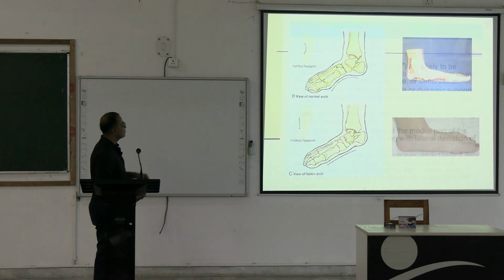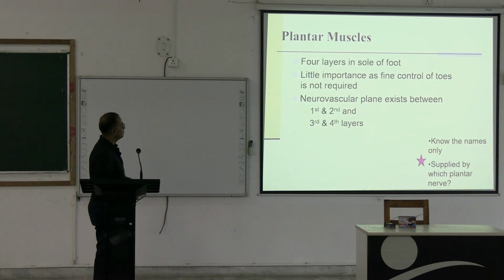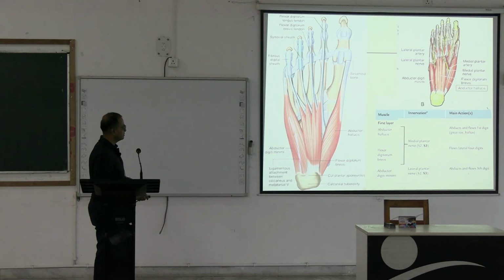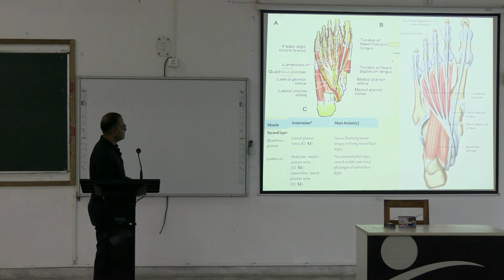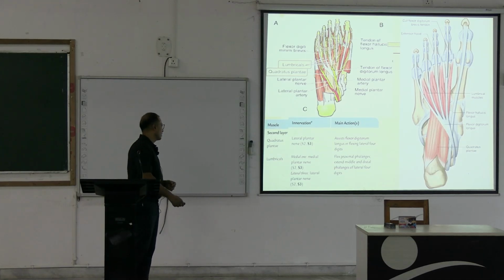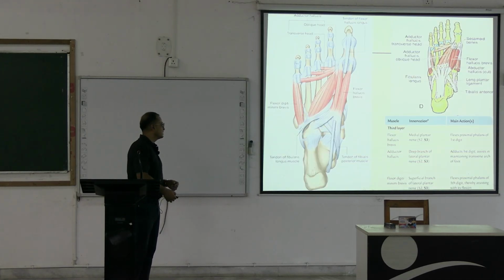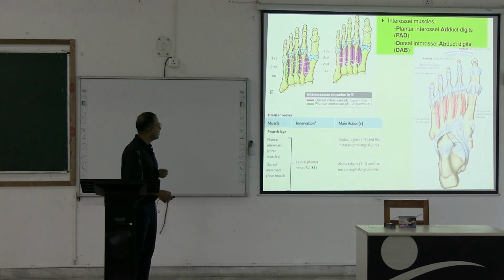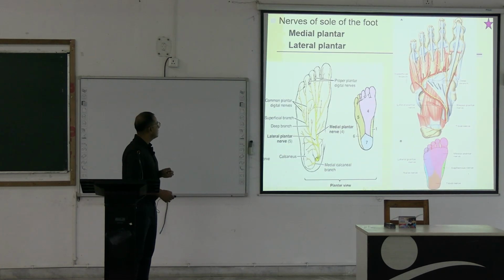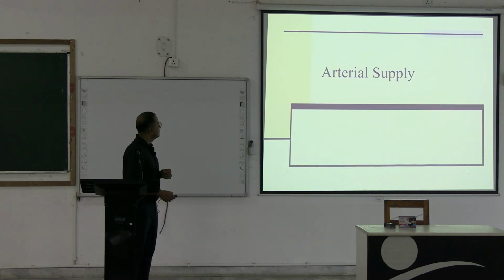We are not going to talk in detail about the arches of the foot, so we are just skipping it because it is basically a descriptive part that we can skip through. Moving on, there are four muscles on the sole region of the foot, which also do not have undergraduate importance, so I'm skipping this part as well.